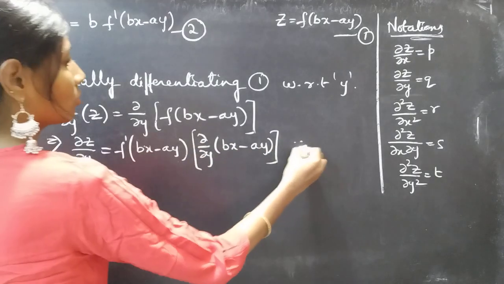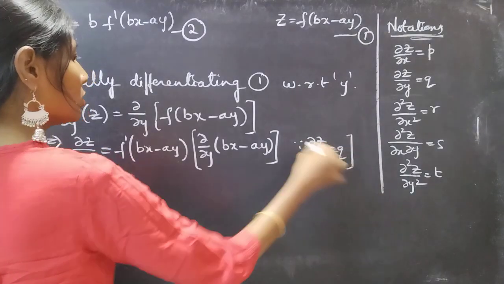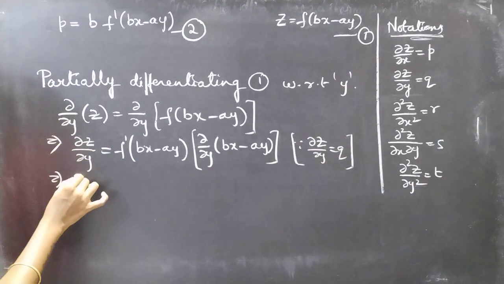Since we have the notation dou z by dou y equal to q, let's replace the LHS by q.